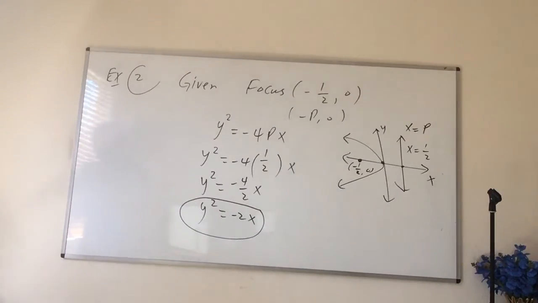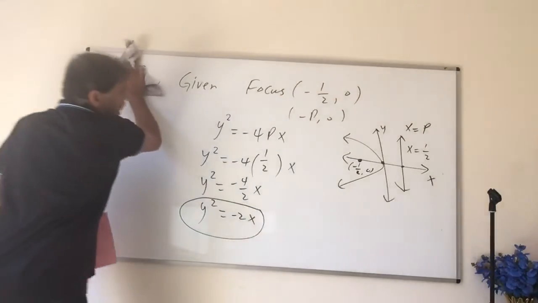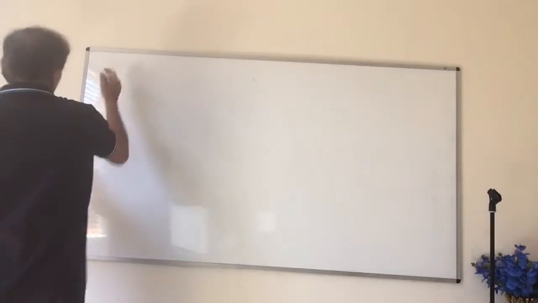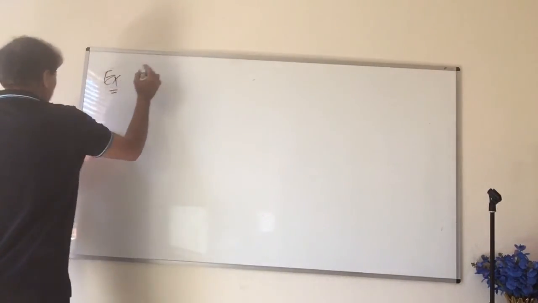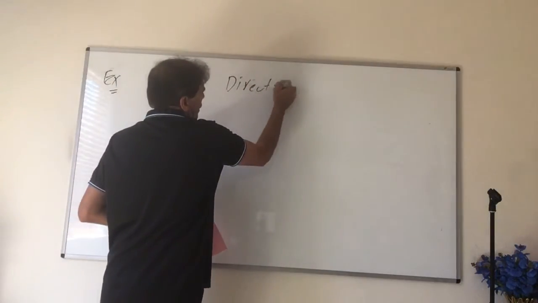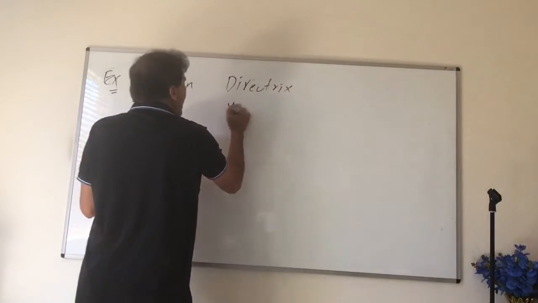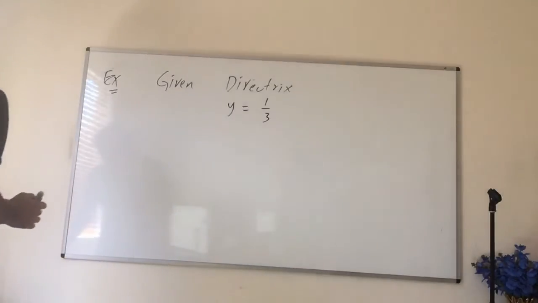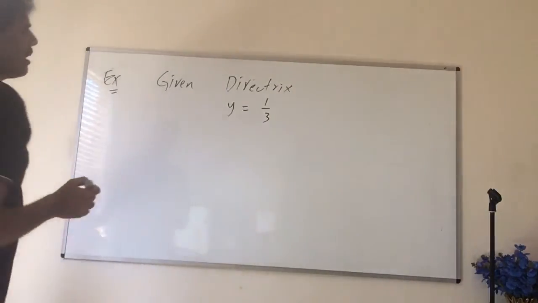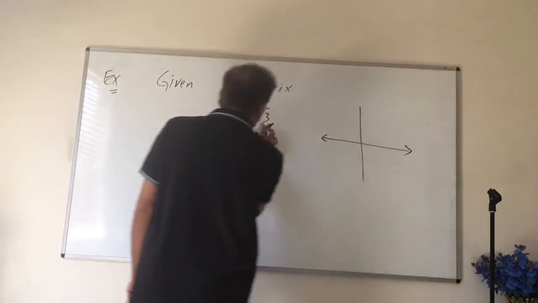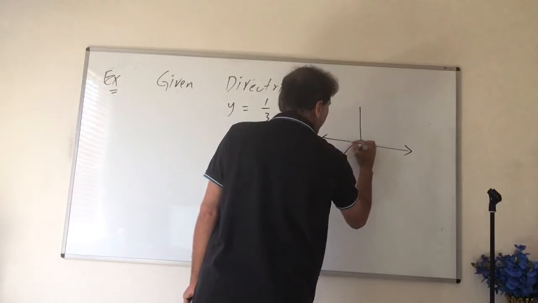One last one. We can write the equation when the vertex is given. So here is a given vertex, says y equals 1 over 3. Now y equals 1 over 3 means the positive, so the graph must be downwards then.